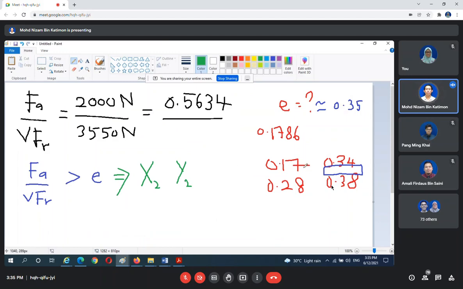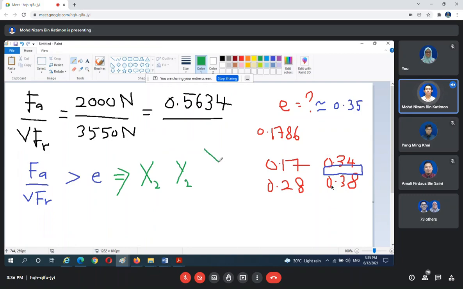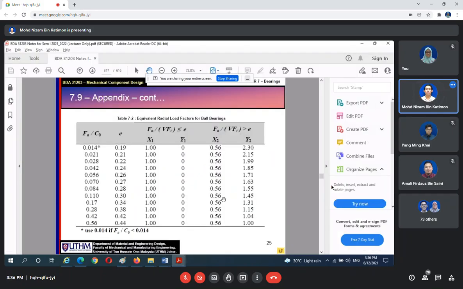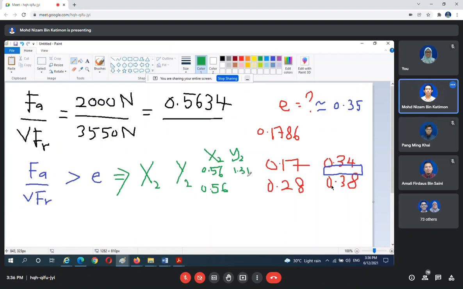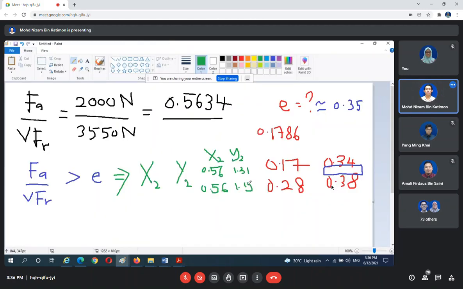So our value of X2, Y2 is somewhere 0.56 and 1.31, 1.15.